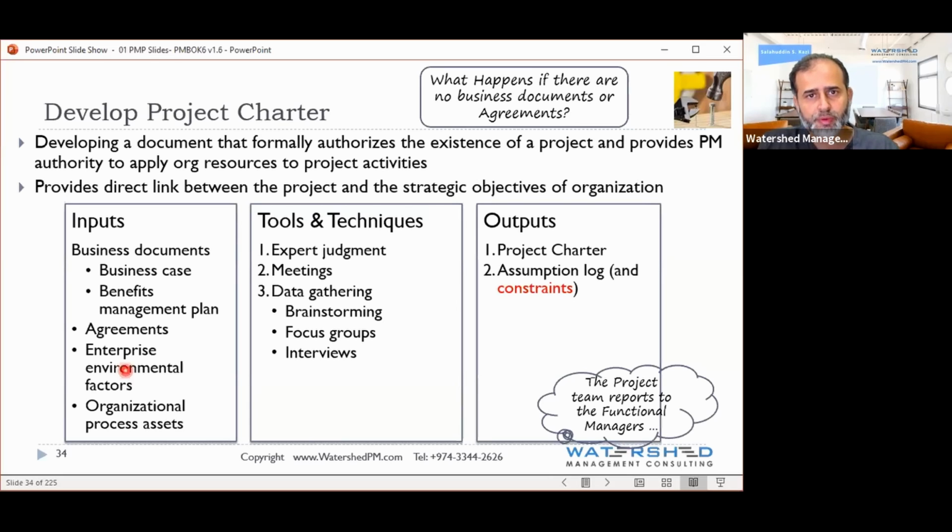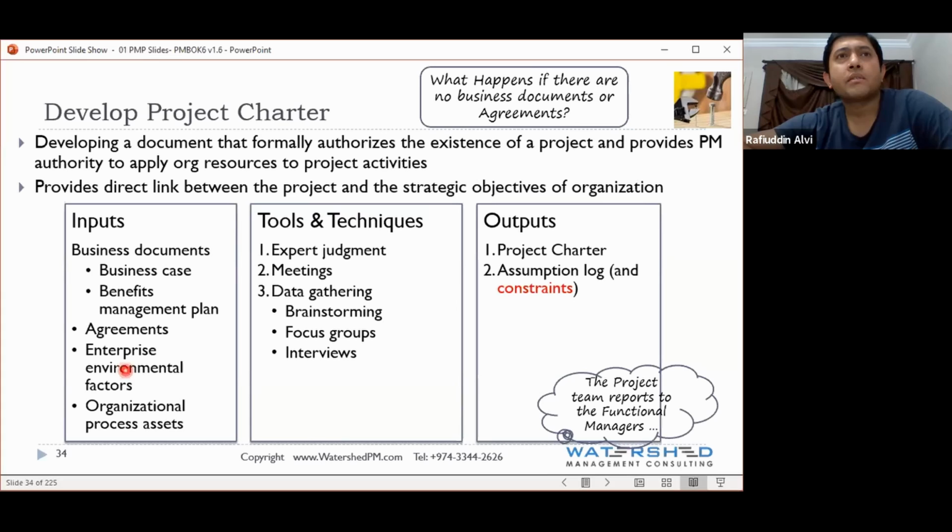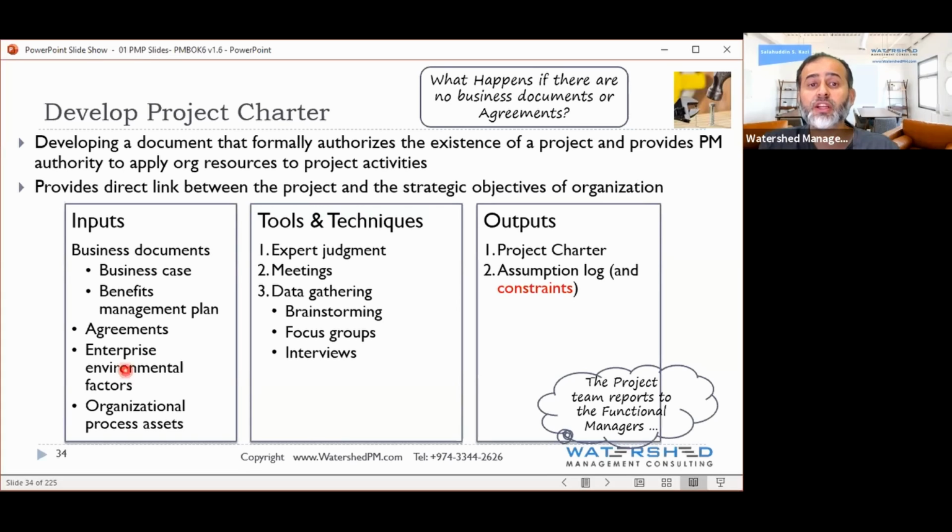If your company has a process of how the project should be done, will you not apply that process? Yeah, definitely. That's why assets are inputs. Make sense? It's already existing in the company. Your project is starting now, but your assets are already existing. Process, procedure, you got it?